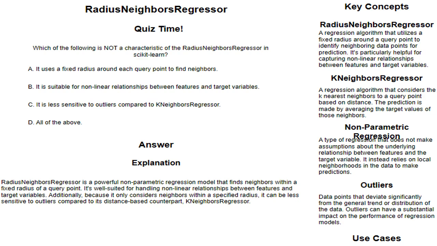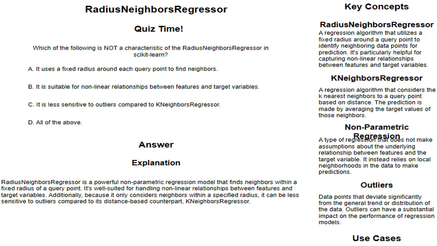For example, given the data 1, 2, 3, 4, 5, 6, 7, 8, 10, 20, 30, 40 and a query point 4.5, the radius neighbors regressor would consider neighbors within a radius of 2 units around the query point 4.5. These neighbors would be 3, 4 and 5, 6. The model would then make a prediction based on the target values of these neighbors.